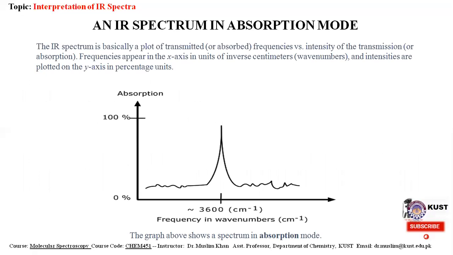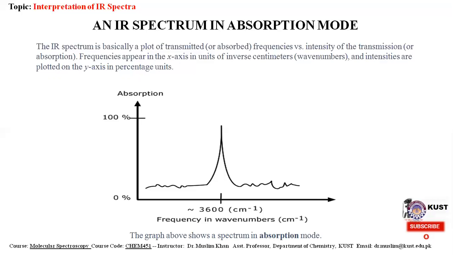Whenever you see the IR spectrum, basically there is an absorption mode. What happens in IR spectroscopy is that you are subjecting your sample to the IR spectrophotometer. Your sample absorbs some of the IR radiation. It means that the rest of the radiation is transmitted.